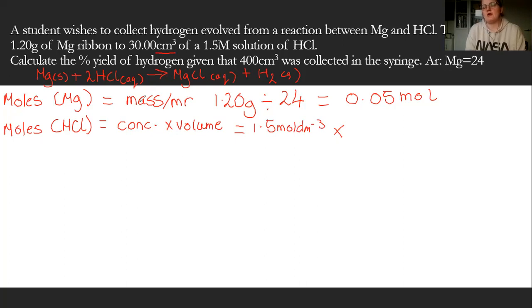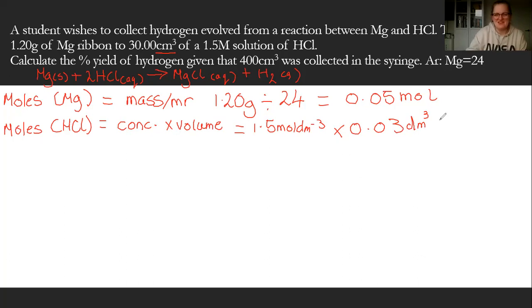If we think back to our standard SI units, everything needs to be in the same unit. So we've got 1.5 moles per decimeter cubed here, so we need to convert 30 cubic centimeters into decimeters cubed, which gives us 0.03 decimeters cubed volume of hydrochloric acid.